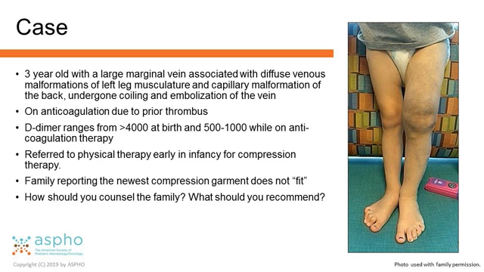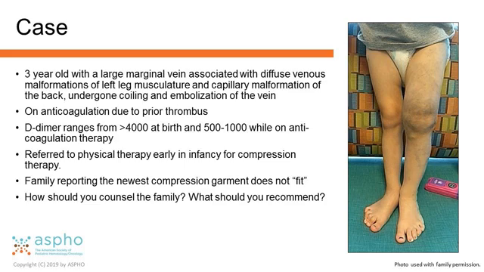She was referred to physical therapy early in infancy for compression therapy and has been regularly fitted for new compression garments with her expected growth. The family reports today that her new compression garment does not fit properly and they are not using it.